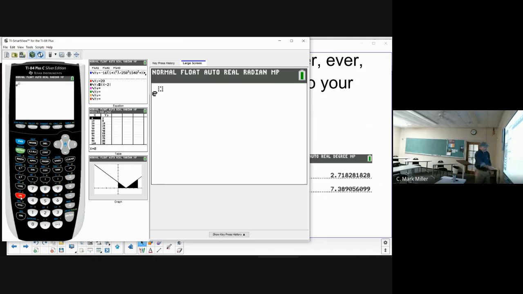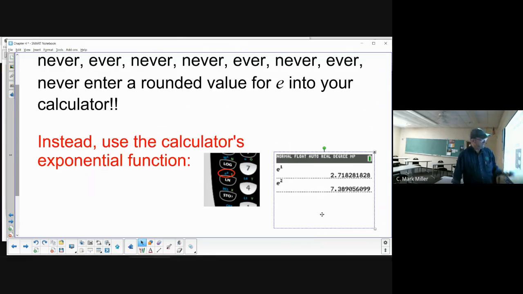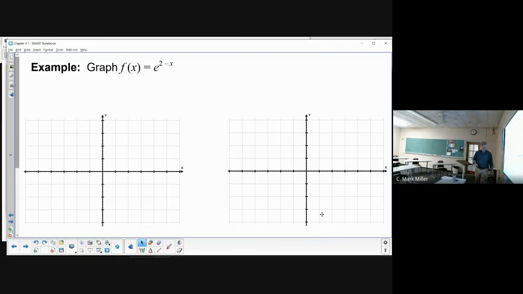If I want e cubed, put 3 in, there I have it. That is how you raise e to a power. Don't put 2.72 in. Over here on the right, e is around 2.72, e to the 1, e to the 2 is about 7.4. That is how you raise it to a power.